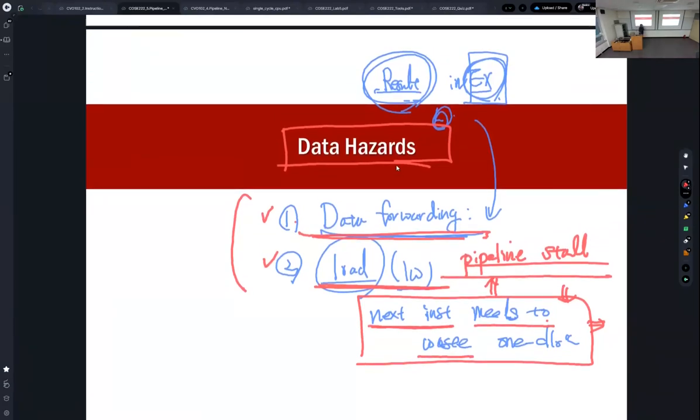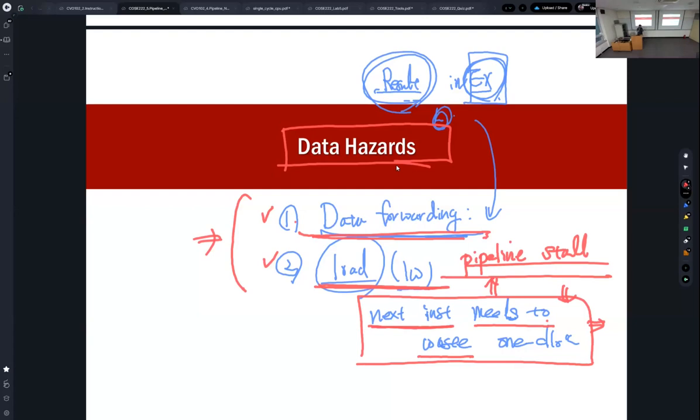Okay, so in the previous lecture, we learned about the hazard detection unit, which means how to handle data hazards in the pipeline processor. I mentioned that when we learned about data hazards, we can avoid them using data forwarding.